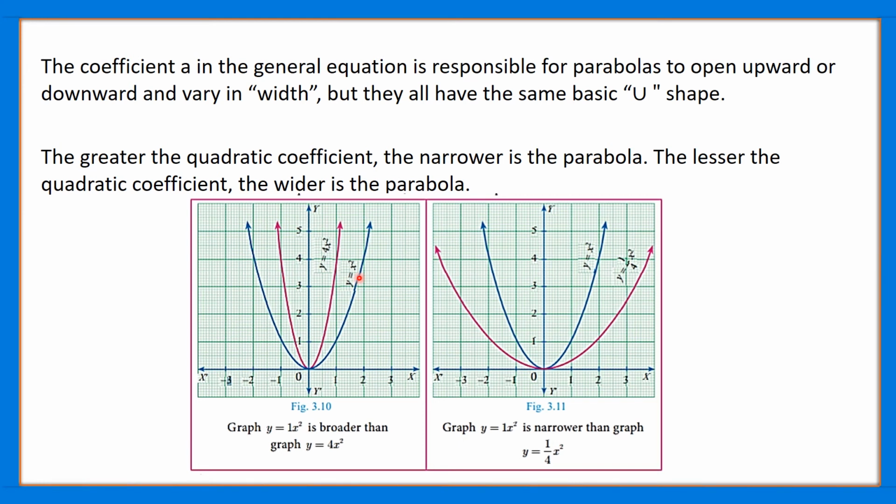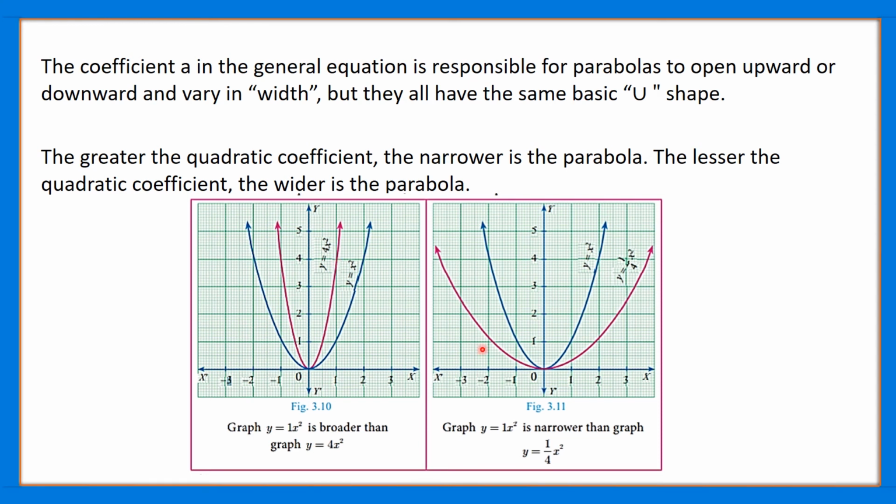In the function y = x², the coefficient of the quadratic term, that is, the variable with power of degree 2, is 1, while y = 4x² has the coefficient 4. So when we compare these two functions, the coefficient of y = x² is smaller than that of y = 4x², and therefore the parabola of y = x² looks wider than the parabola given by y = 4x².